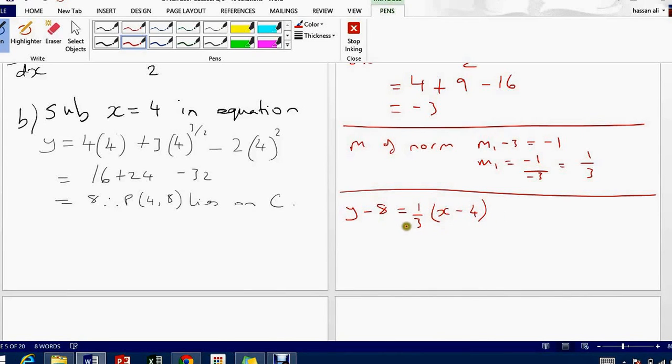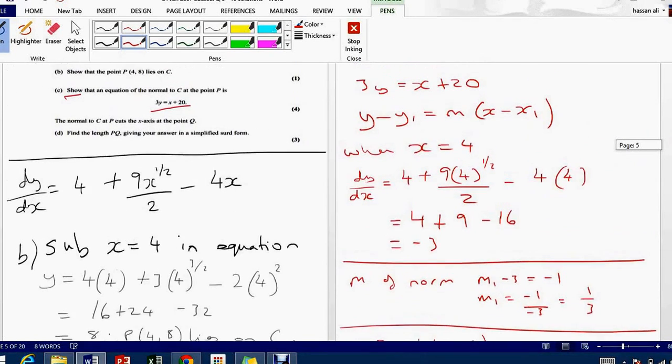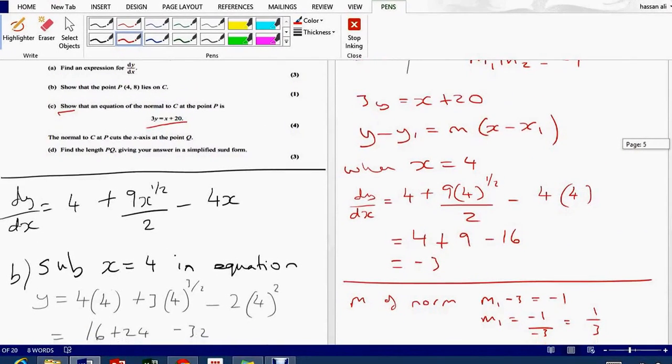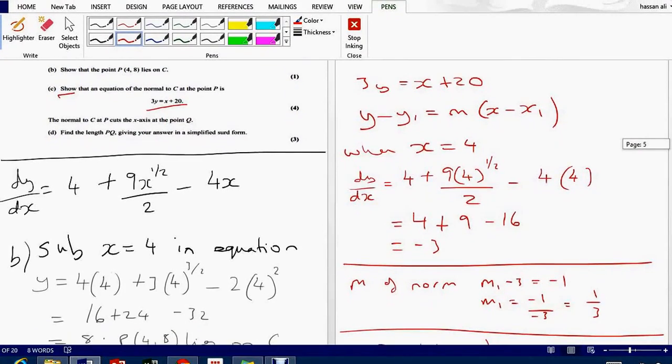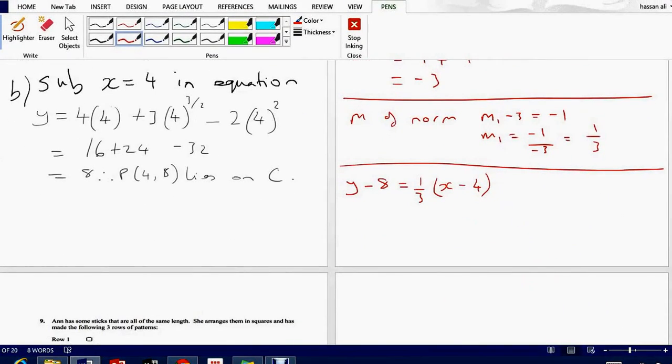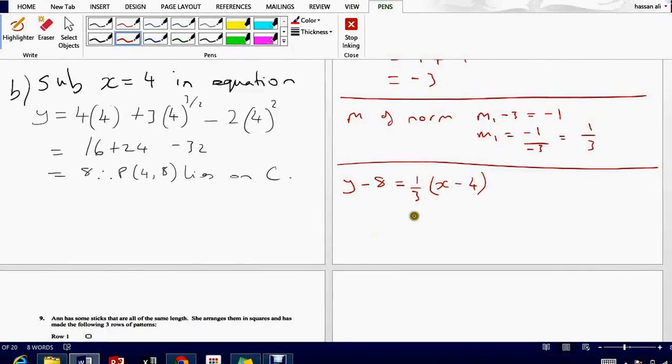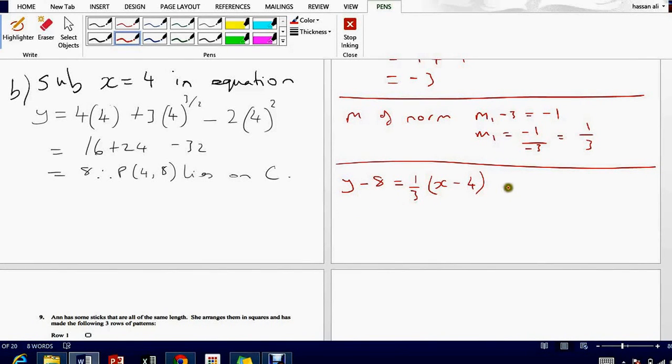Now I need to simplify this. Remember where we're going, it says show, so we need to make sure we're heading towards that equation there, 3y equals x plus 20. That should give me a hint as to what to do: times everything by 3.